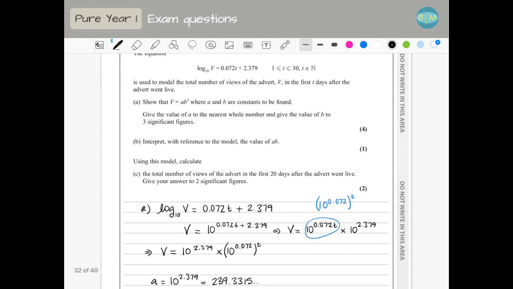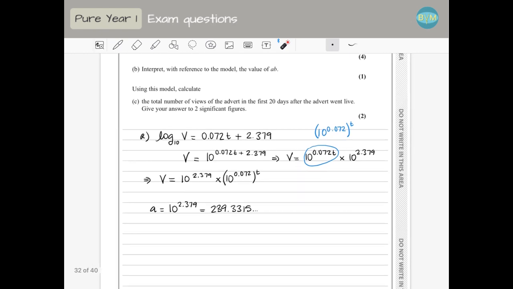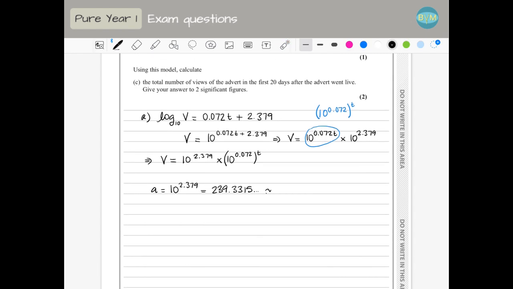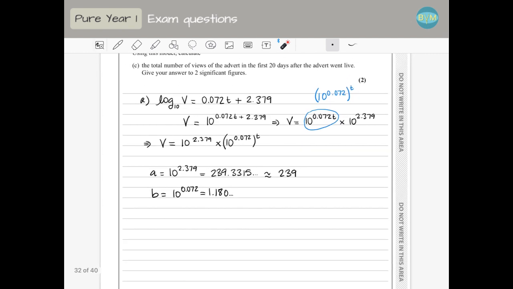They ask us to round A to the nearest whole number, so this is going to be 239. And then B is going to be 10 to the power of 0.072, which is 1.180, and we have to round this one to 3 significant figures, so 1.18.